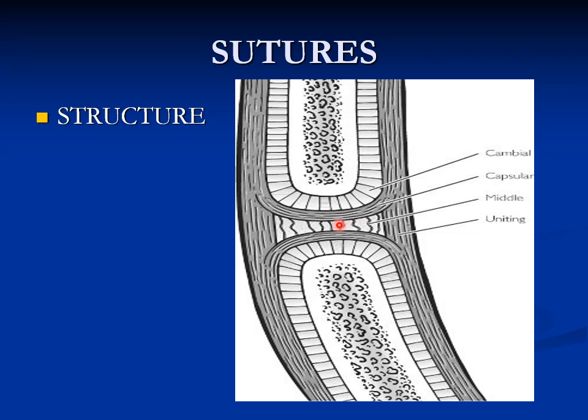So this is a fibrous sutural ligament. Now you have seen that all the bones peripherally have the outer fibrous protective covering which is known as the periosteum. So this whole component covering a bone is the periosteum.